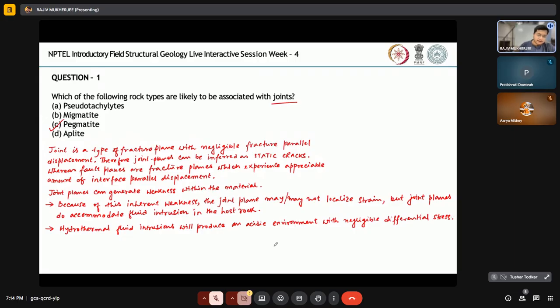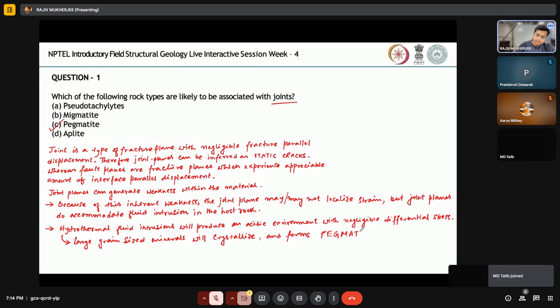And because of that, large grain sized big minerals will be precipitated, will crystallize, and that will eventually form pegmatites.